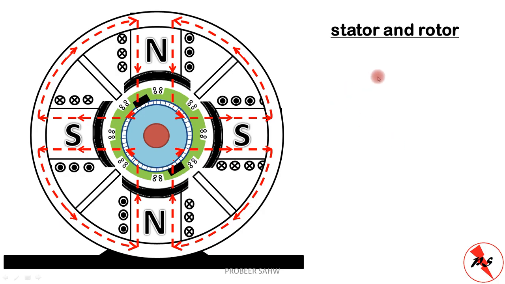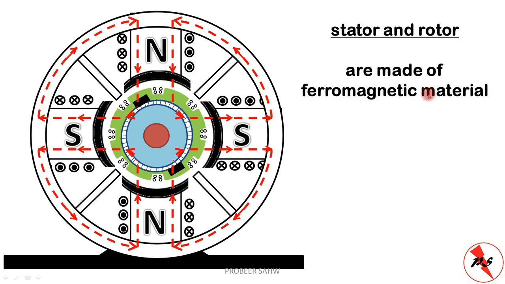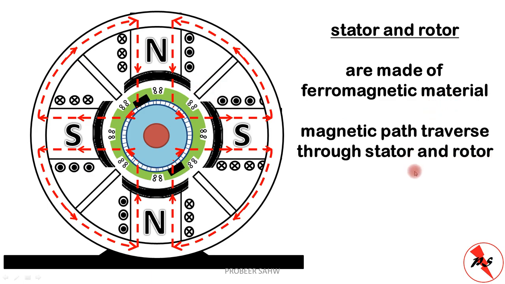Now we must understand that to provide minimum reluctance to these field lines, the stator and rotor are made of ferromagnetic material. All of the stator and rotor are part of the magnetic circuit, therefore they are made of ferromagnetic material. The ferromagnetic material used for production of the stator and rotor is silicon grade steel.